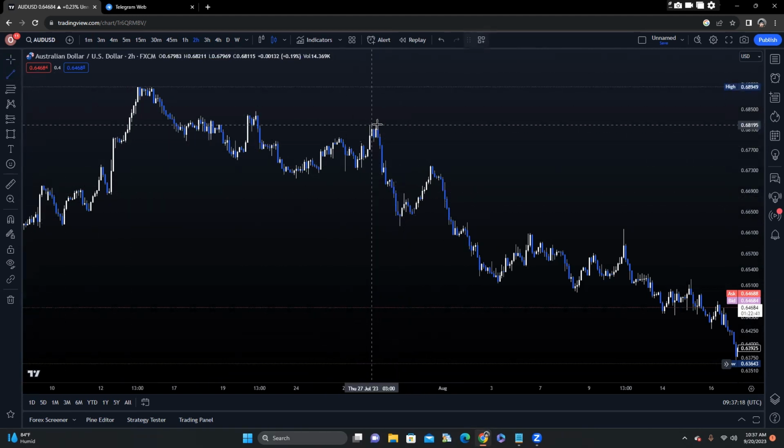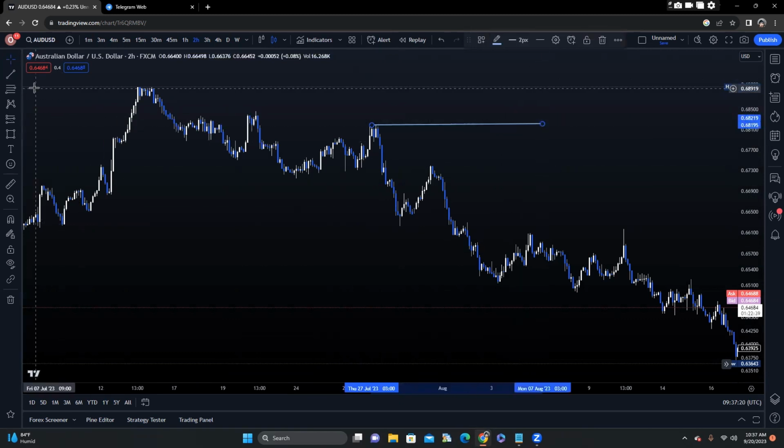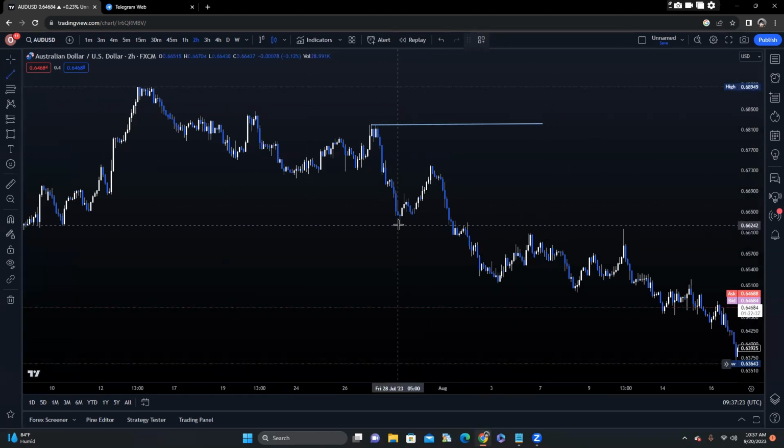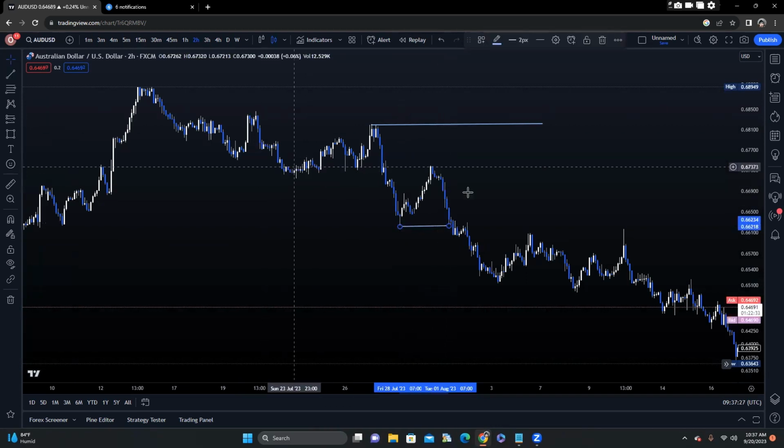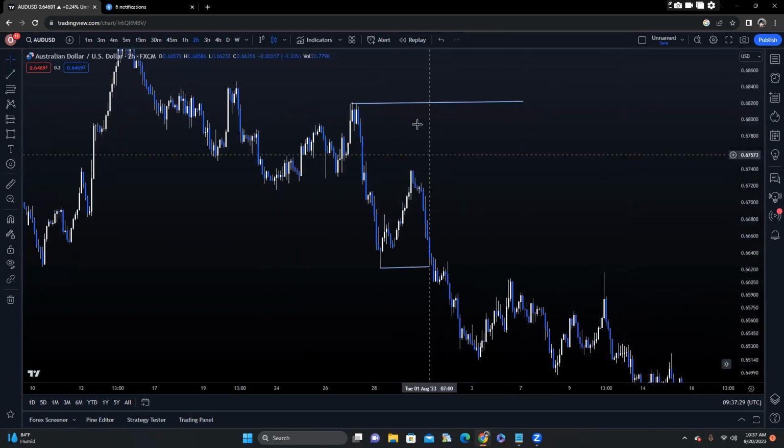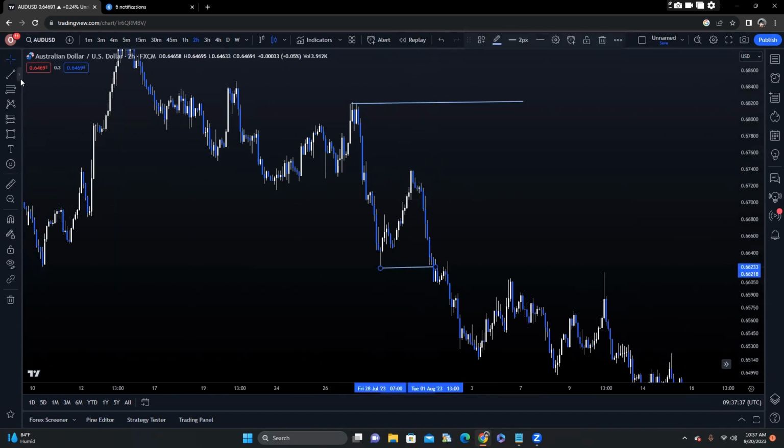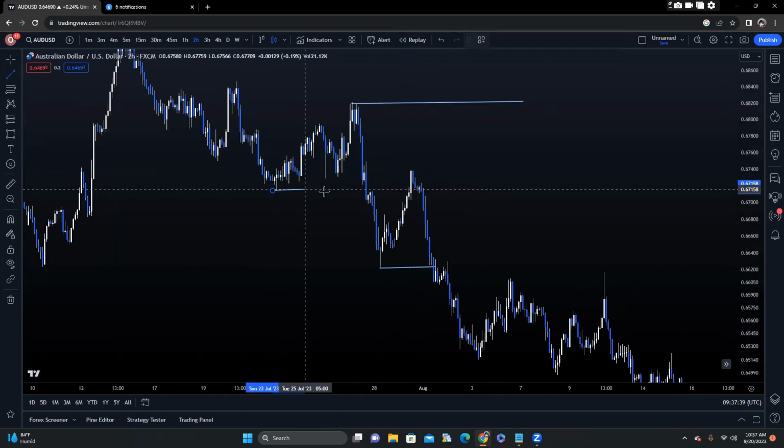We have this range from this swing point to this level where it was broken. This was a break of structure. So at what point in this area is the market looking to react and then break this low? This is a break of structure right here.